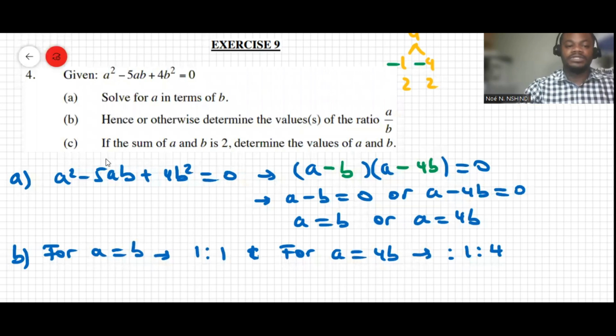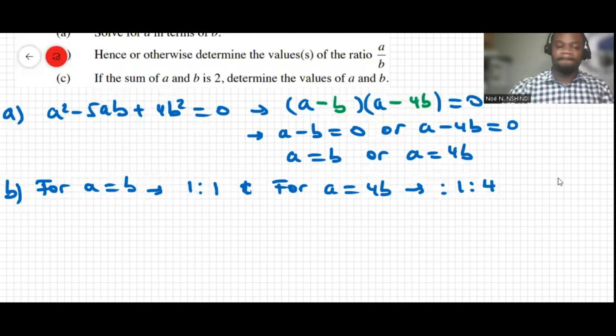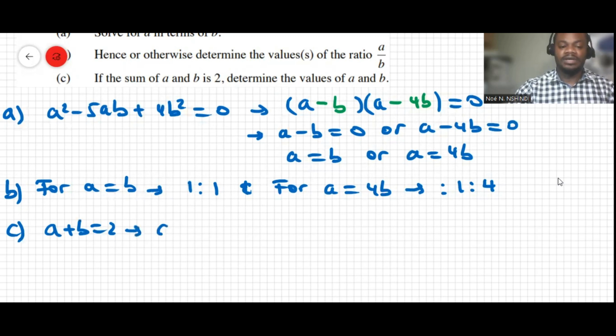And then the question says, if the sum of a and b is 2, determine the values of a and b. So it says that if the sum of a and b equals 2, determine the values. In other words, we've been given a plus b equals 2. I prefer to work out b because I already expressed a in terms of b, so it's wiser to express b in terms of a.